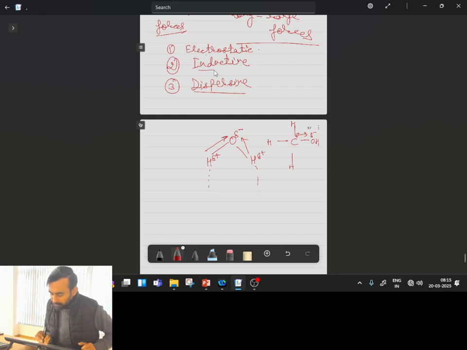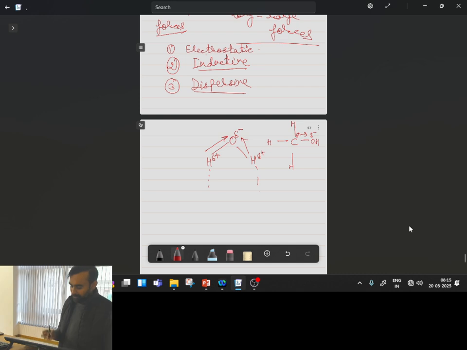When we talk about the inductive effect, it typically comes when a permanent dipole molecule induces charge in neighboring neutral molecules.